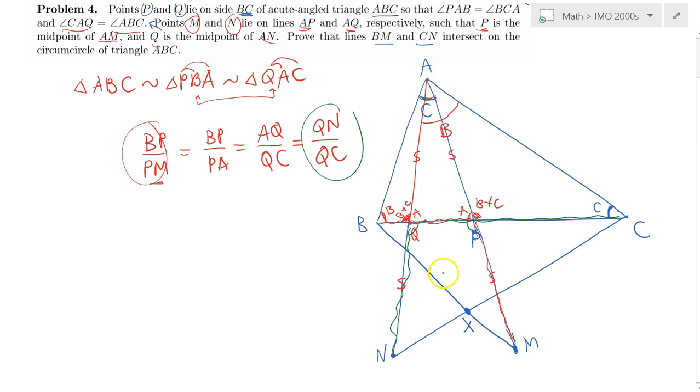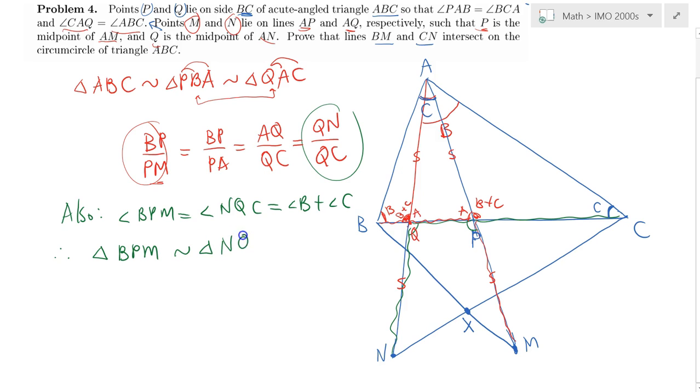As a result, we know that angle BPM is equal to angle NQC, and they are both equal to angle B plus C. So therefore, this would imply that triangle BPM is similar to triangle NQC, right?